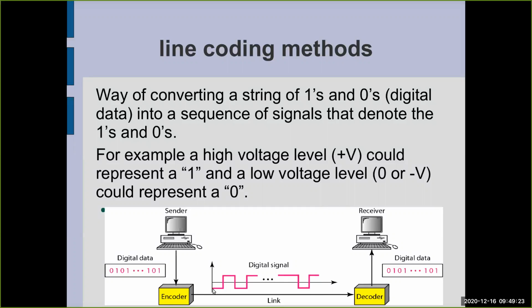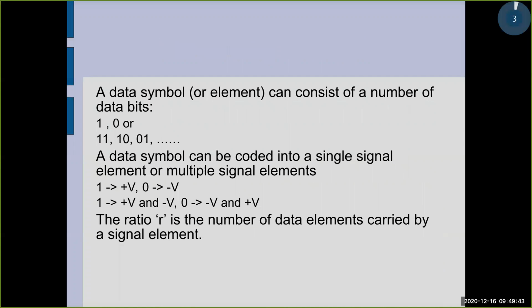At this point we have an encoder, which transforms a string of bits into the voltage signal, and here we have a decoder which does the opposite.